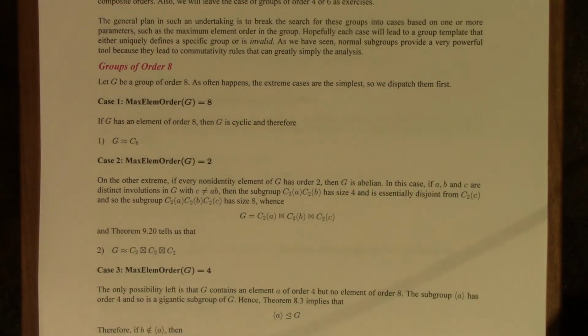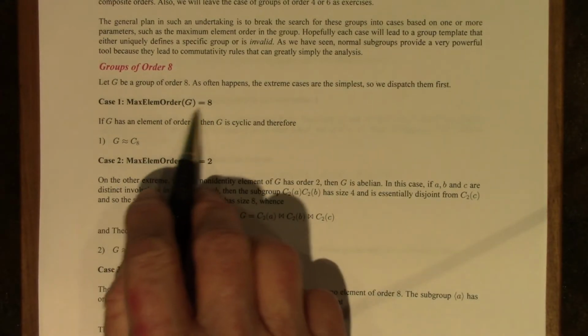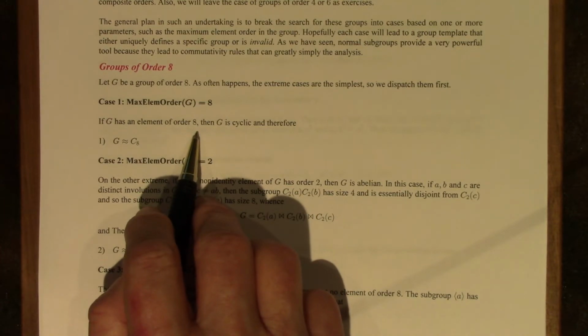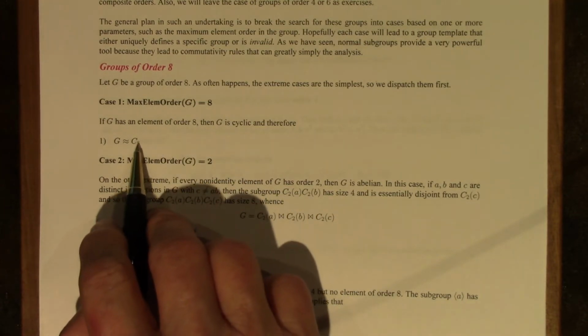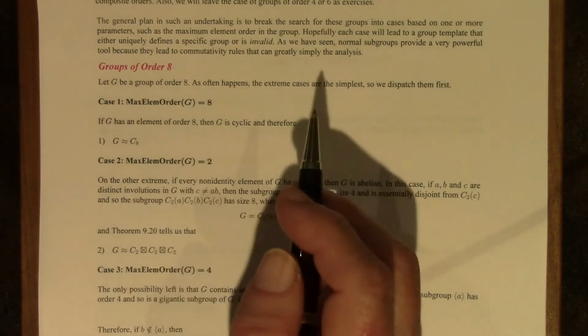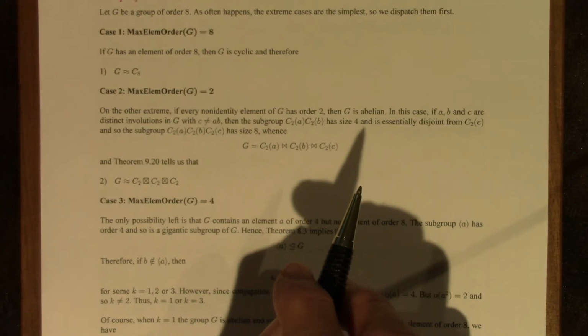We're going to break the analysis into cases based on the maximum element order. If that is 8, then the group is cyclic, so that's easy. If there's an element of order 8 in a group of order 8, then we know the group is cyclic.